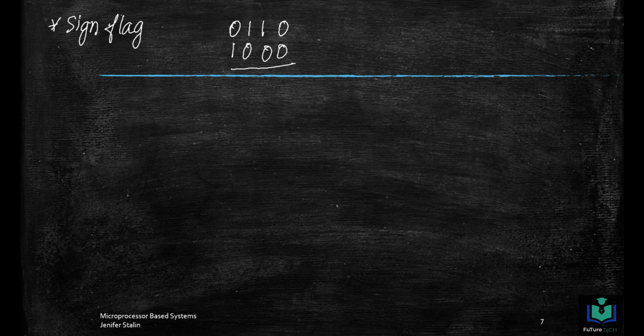When you subtract these two numbers, the result will end with a borrow, because the last digit, the MSB, is 0.